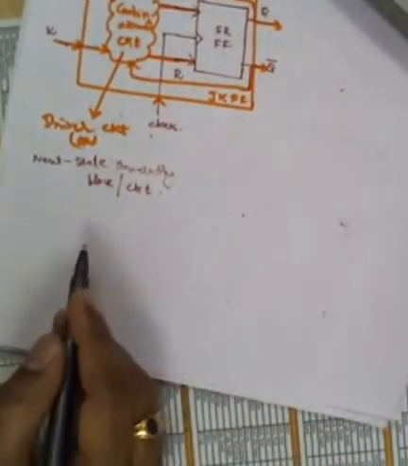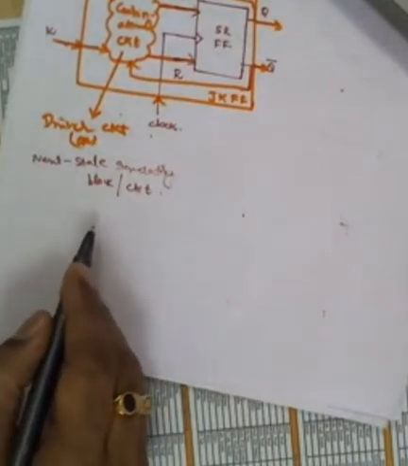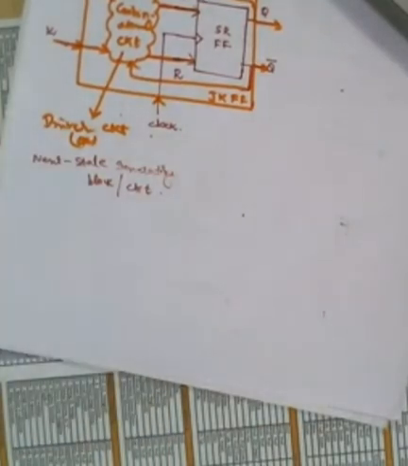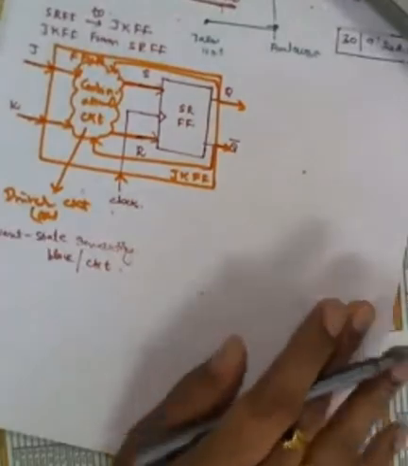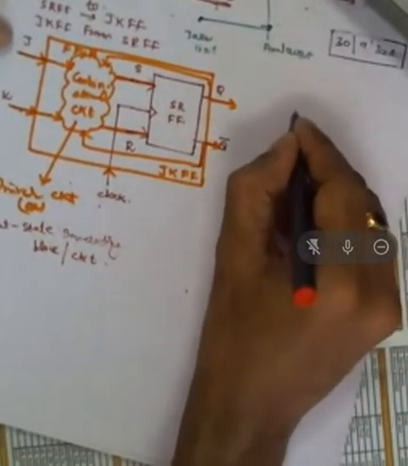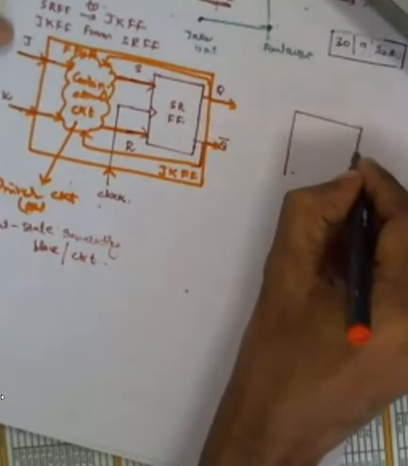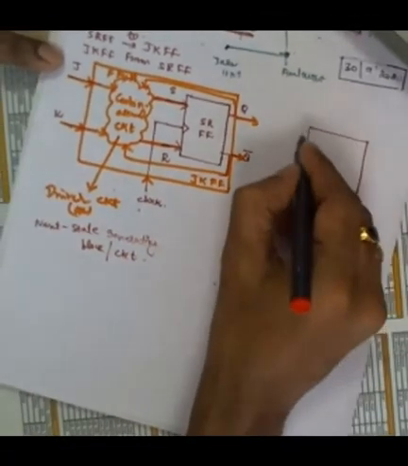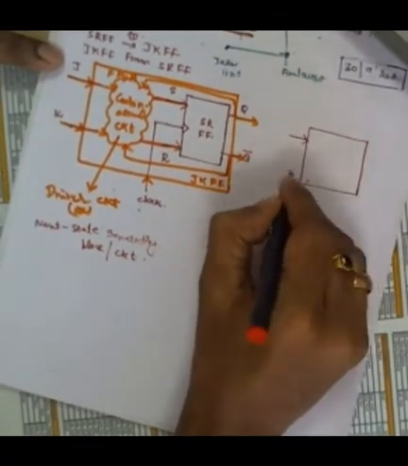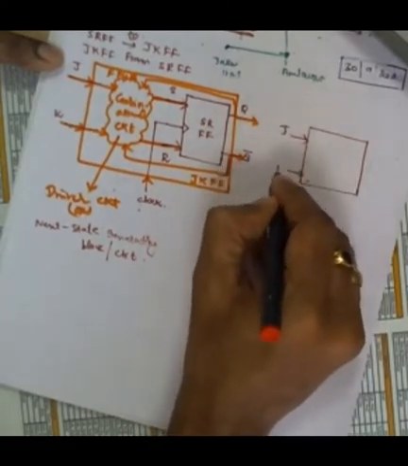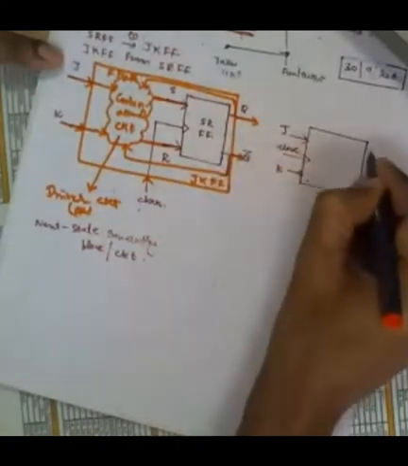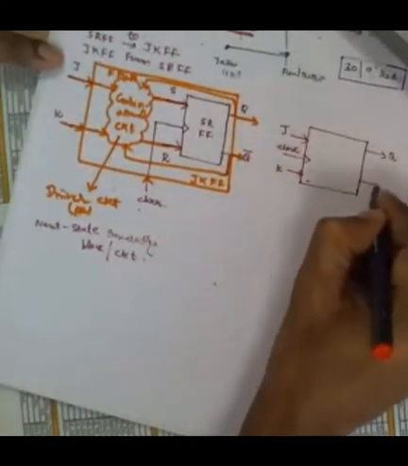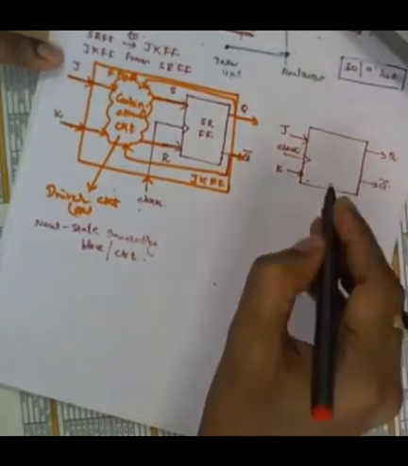Now, actually, what do we want? We need a JK flip-flop here, with inputs J, K, clock, and outputs Q and Q bar.